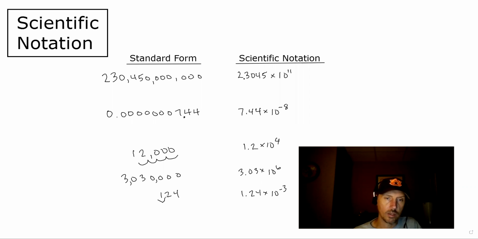So we go 1, 2, 3 places to the left. Why? Because the exponent right here is a negative 3. All right. So we just pad it with zeros and then put a decimal right here in the front. So the final value of 1.24 times 10 to the negative 3 in standard form would be 0.00124. And you could put the 0 in the front or not. That's totally up to you.